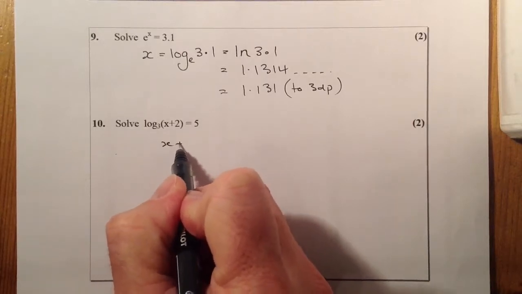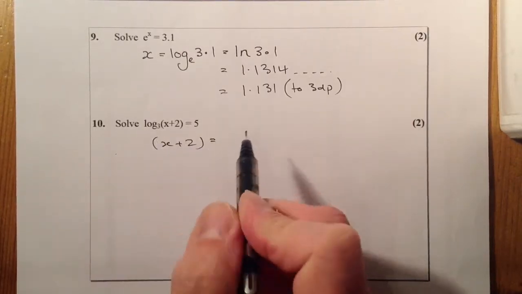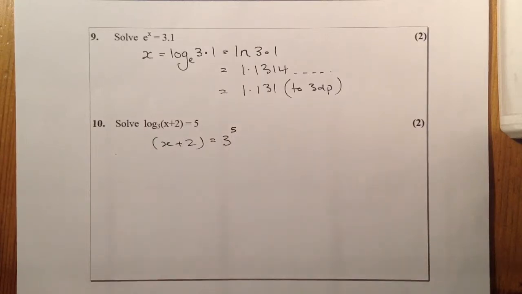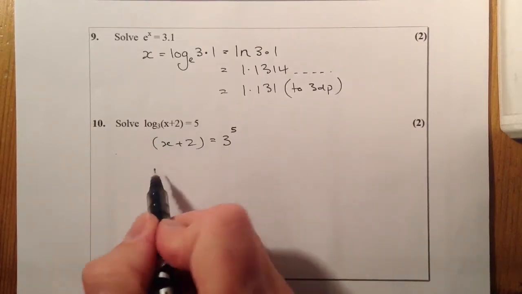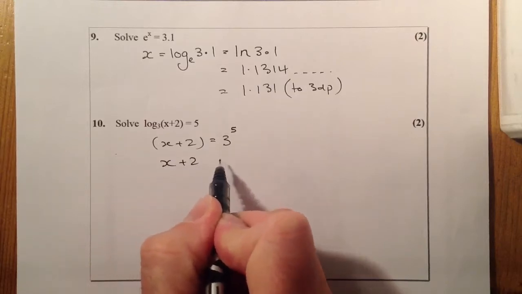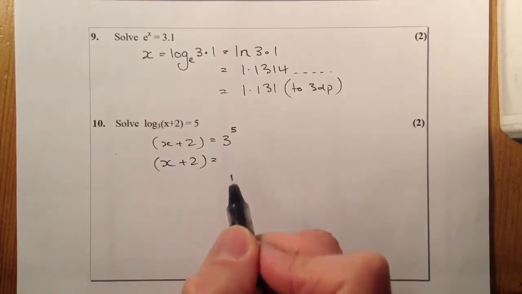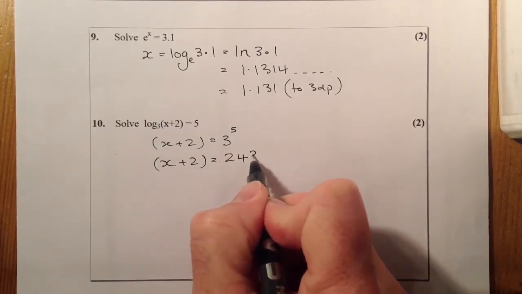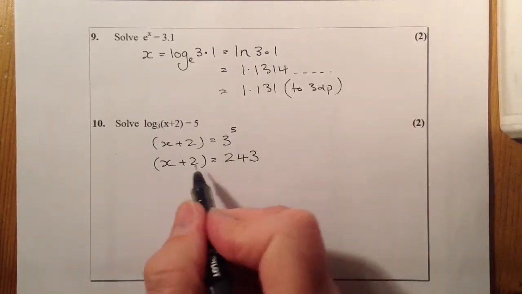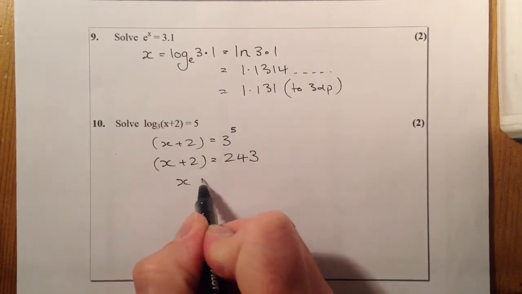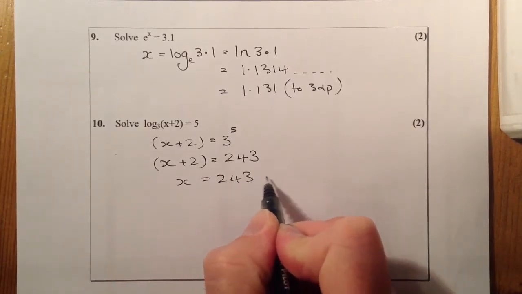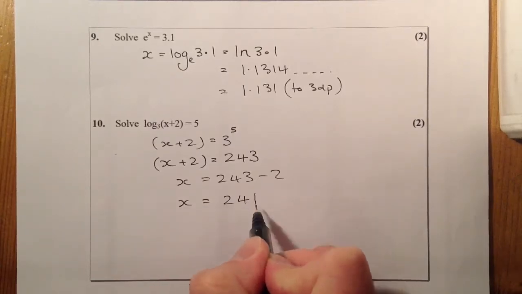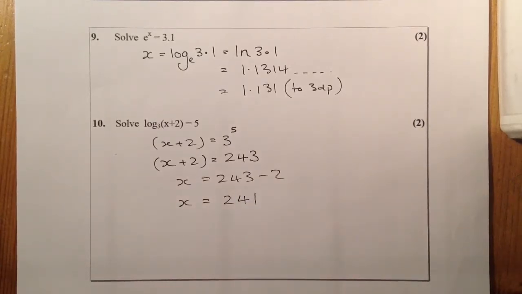So x plus 2 is going to be equal to, so this base here is 3 to the power of 5, and 3 to the power of 5 is going to be 243. And from there, I can bring that 2 over, so x is going to be 243 subtracting 2, and what I've got there is x is equal to 241.